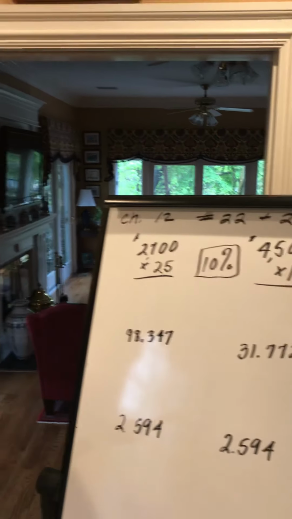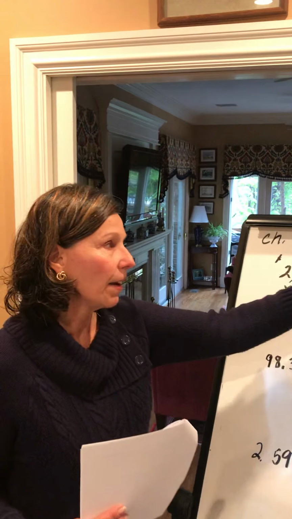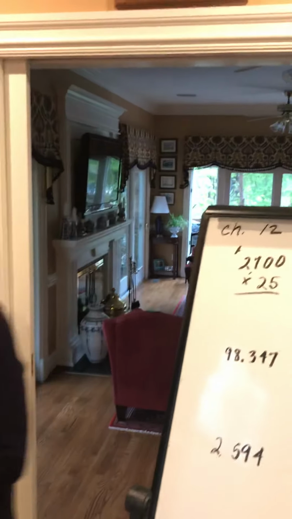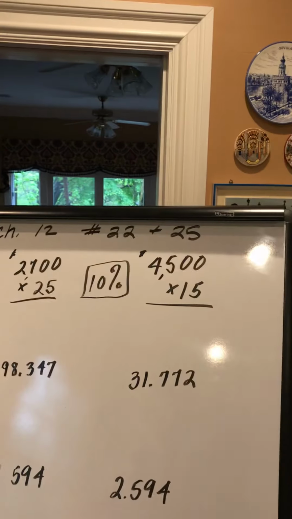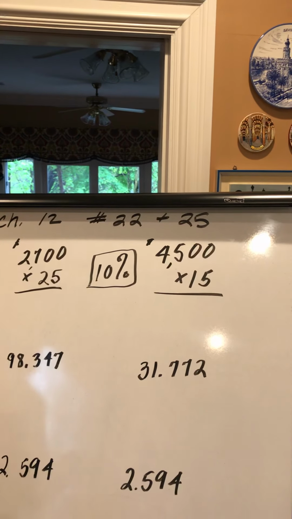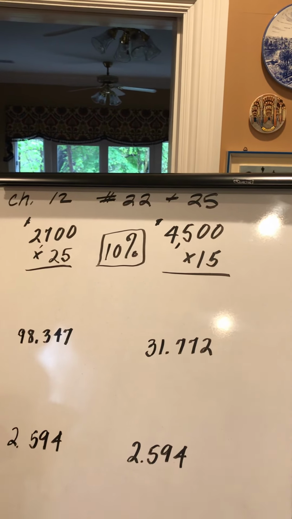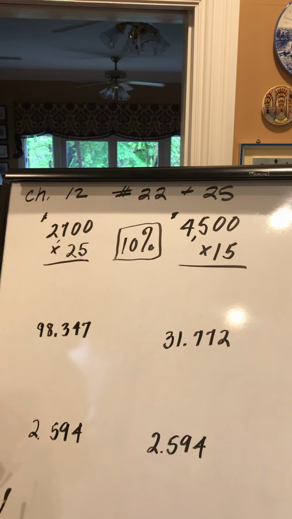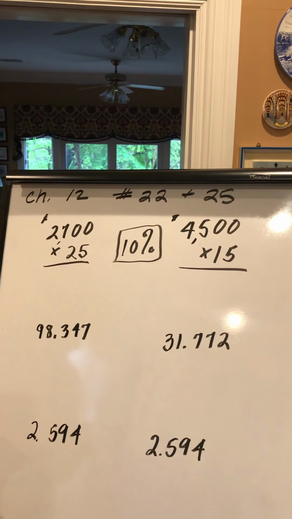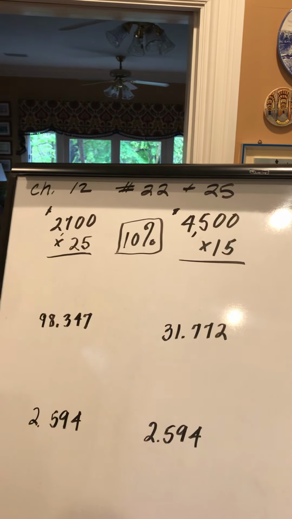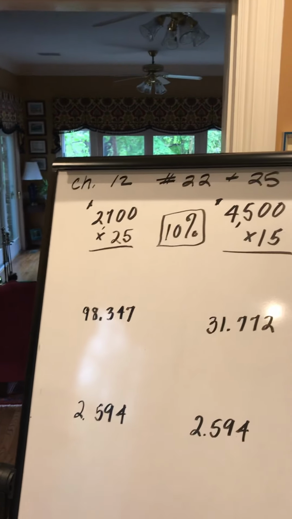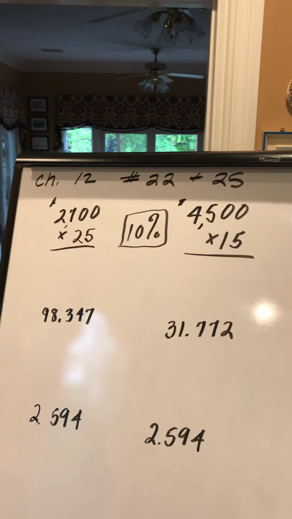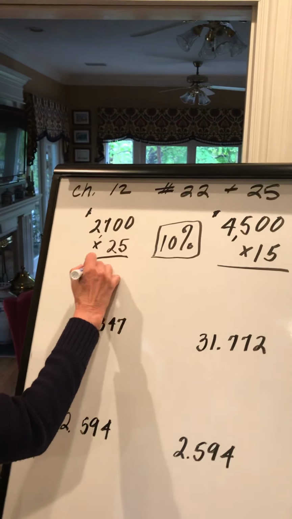The first question we need to answer is exactly how much cash this person is putting away. Well, $2,700 a year times 25 years is $67,500. And guess what?